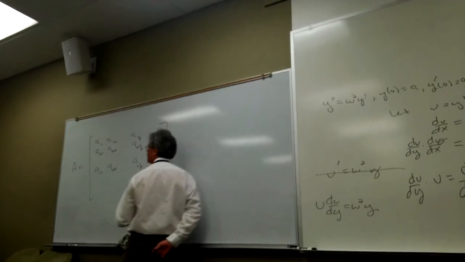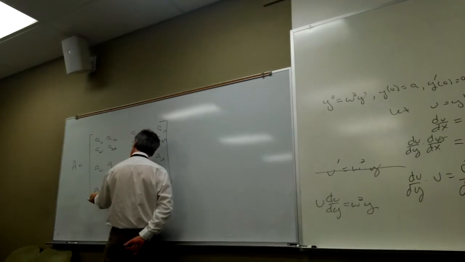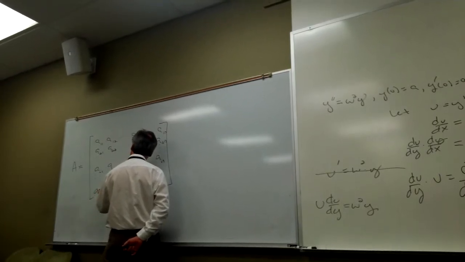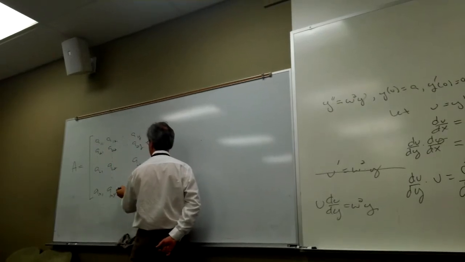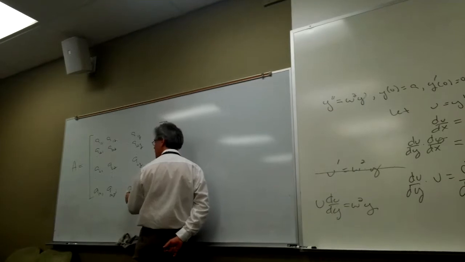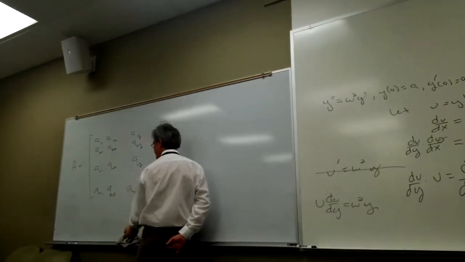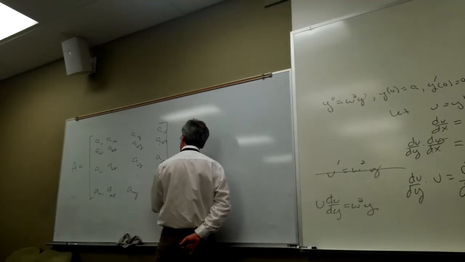And let me finish up. Going down to my very last row, I've got A sub m1, A sub m2, all the way over to A sub m2, not j, all the way down to A sub mn.